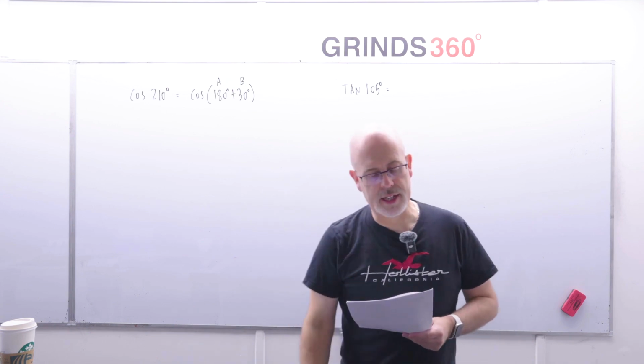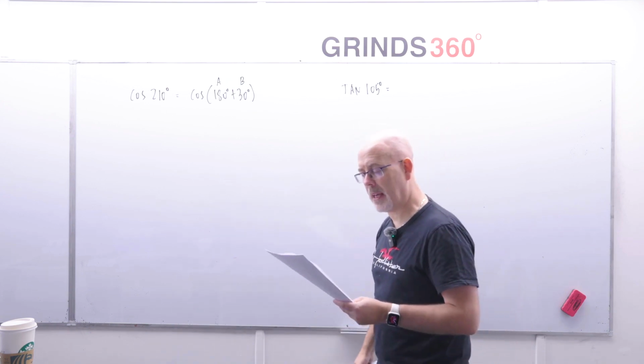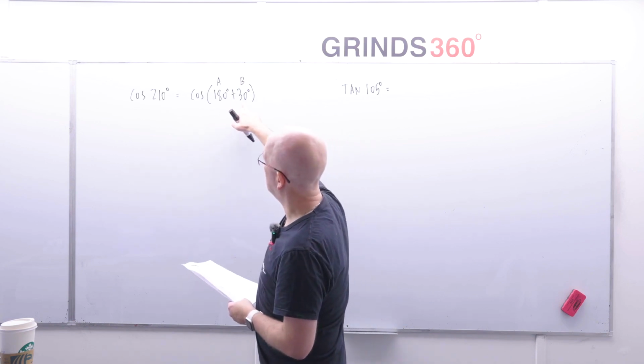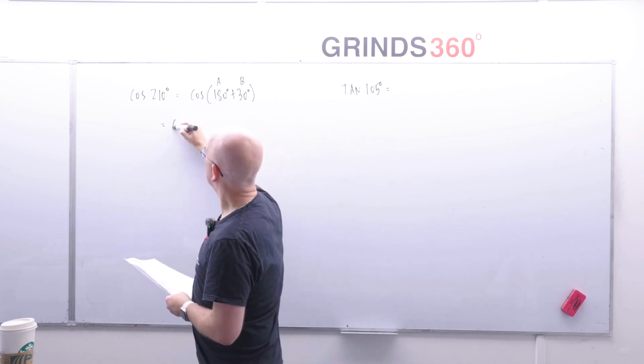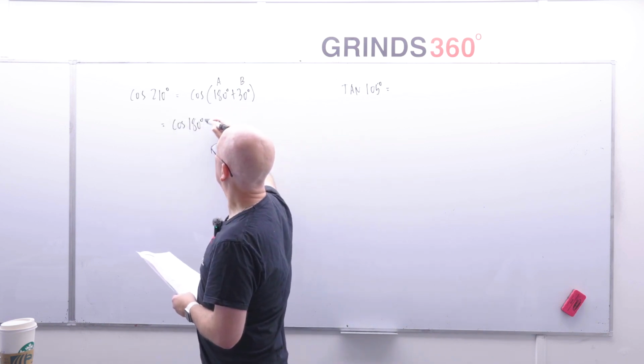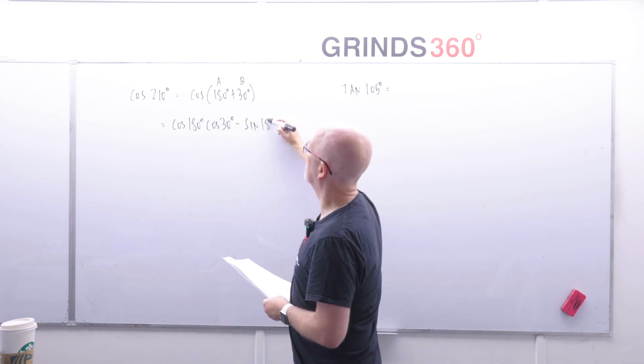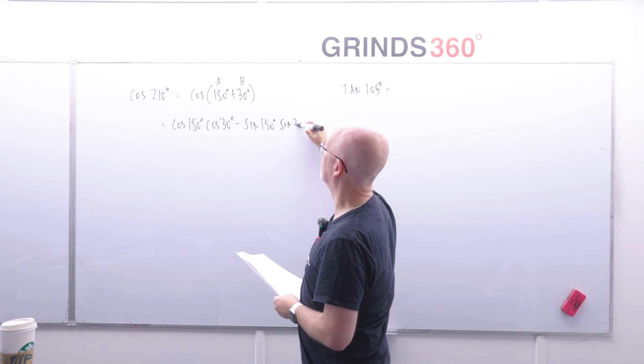That formula, cosine A plus B, is cosine A, cosine B, minus sine A, sine B. So it's cosine 180 times cosine 30 minus sine 180 times sine 30.